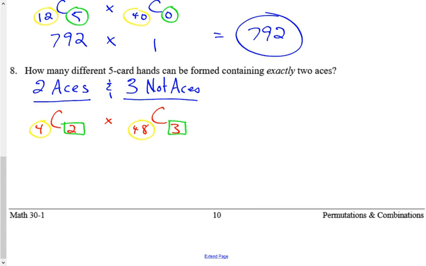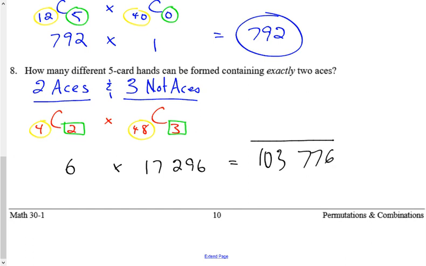So I'm choosing the aces and I'm choosing the non-aces, which gives us multiplication. 4 choose 2 is 6. And 48 choose 3 is 17,296. Giving us 103,776 different hands we could get.